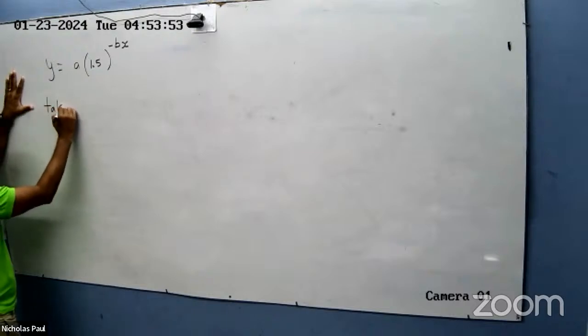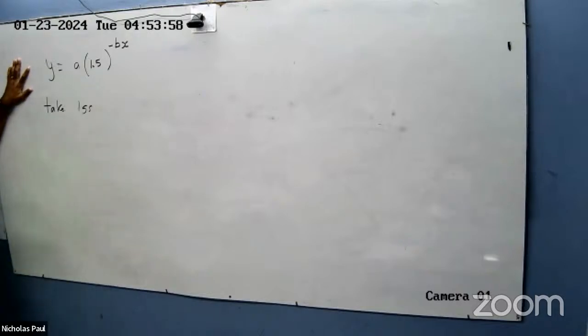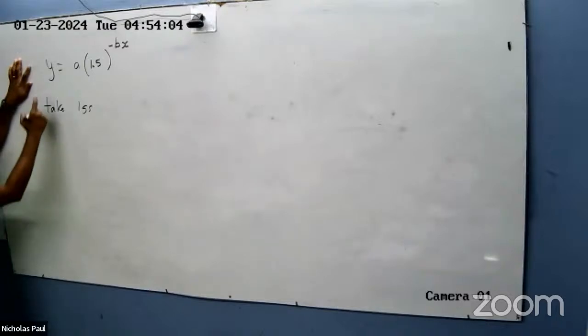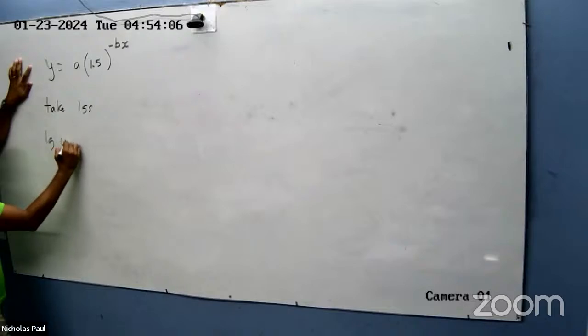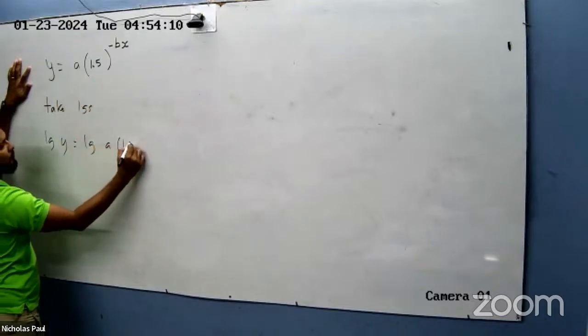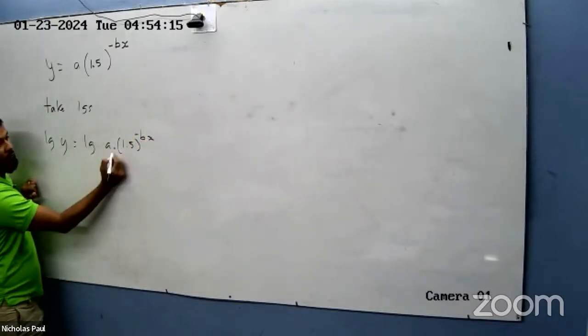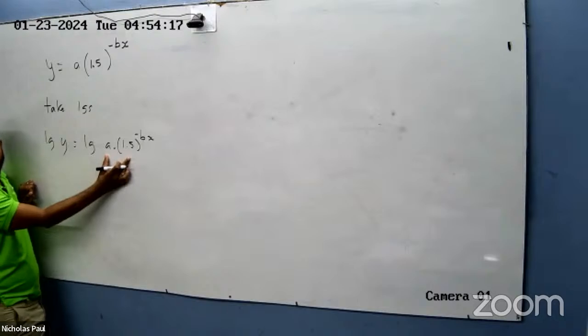Take logs. Taking log where? Taking logs here. I'm taking logs here. What do I do next? Separate here because there's multiplication.